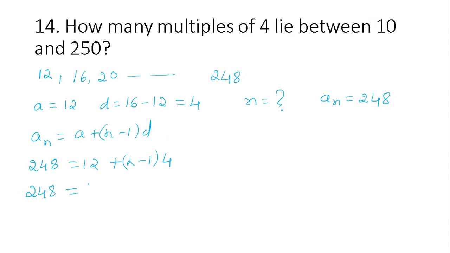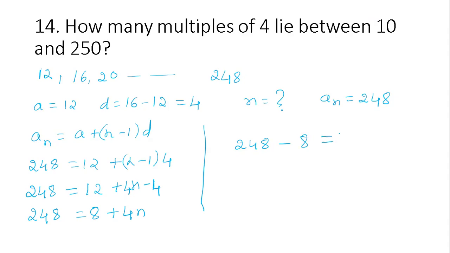248 is equal to 12 plus 4N minus 4. 248 is equal to 12 minus 4 is 8 plus 4N. 248 minus 8, taking this 8 to this side, is equal to 4N. 4N is equal to 240.